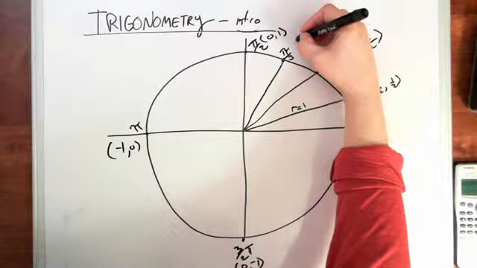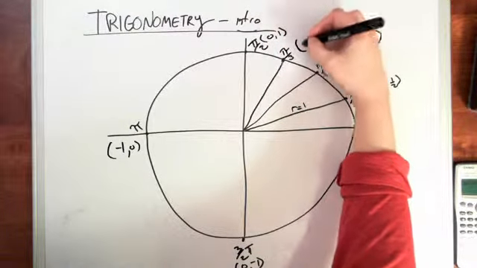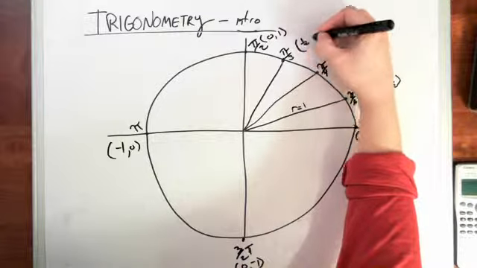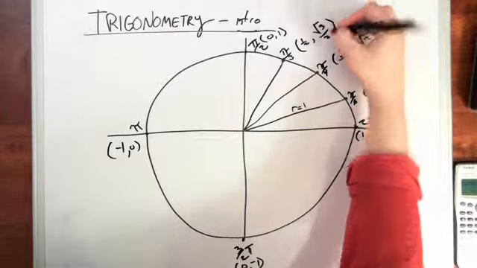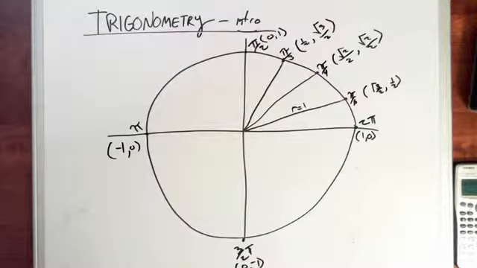And at 1/3 pi, these coordinates are 1/2 and the square root of 3 over 2. And there we have the basic unit circle.